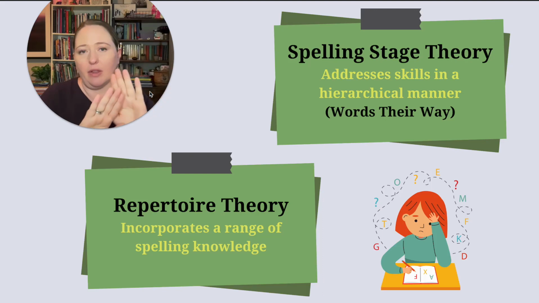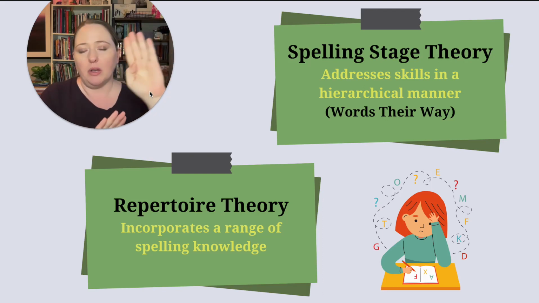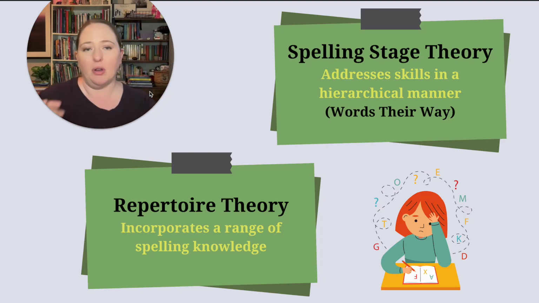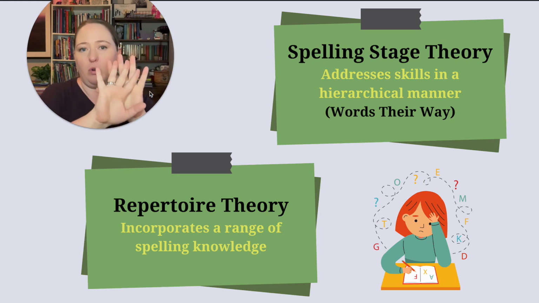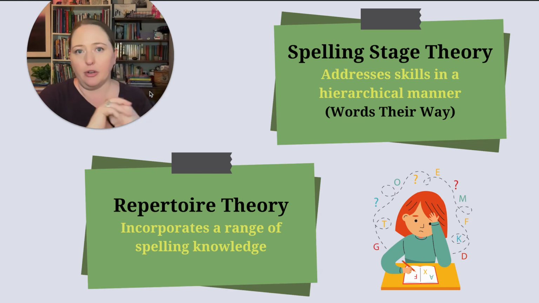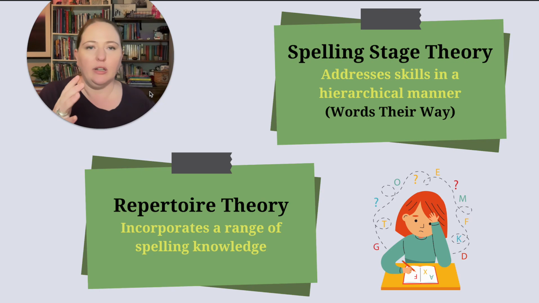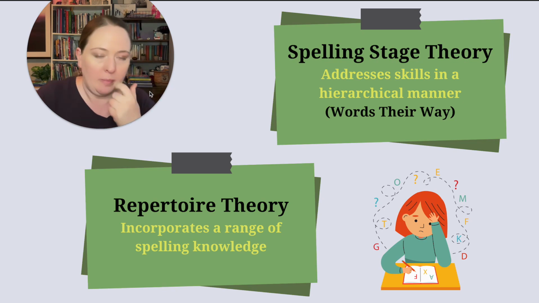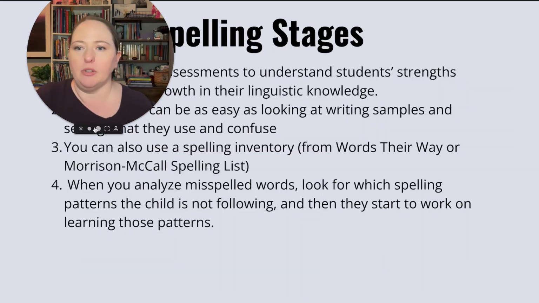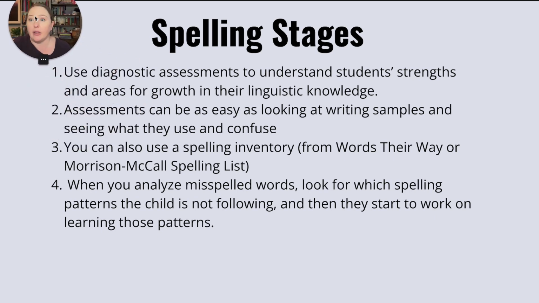You can consider that kids are in stages, but also make sure that you're doing some of that repertoire work within the stages and not waiting till way later to introduce some of the affixes and some of the etymology. You can do it earlier, because we've seen that it needs to be integrated and you have to have that full repertoire.